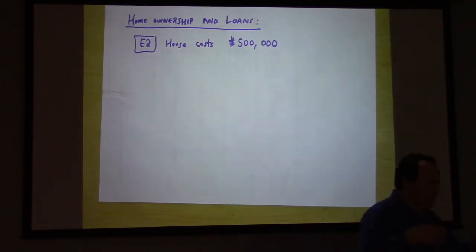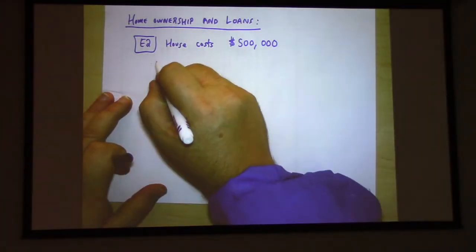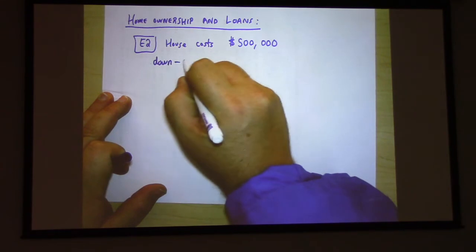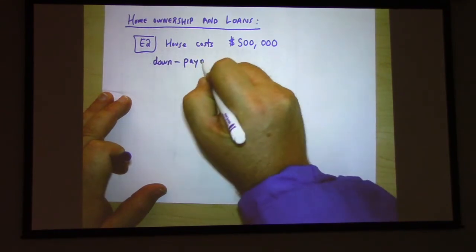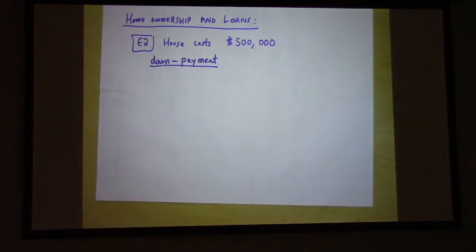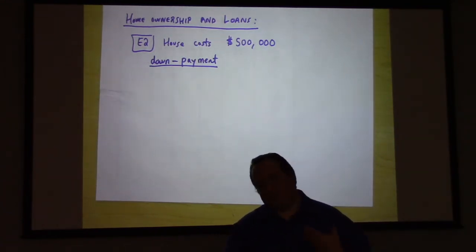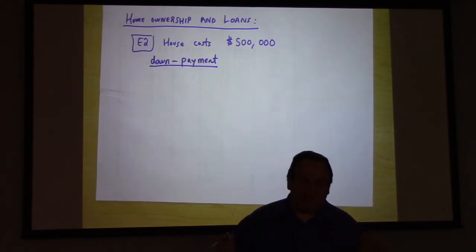So what do I mean by percent down? The down payment is money that you have to pay up front on the loan, on the house. For the sake of discussion, let's suppose you found a bank which allows a down payment of, say, 10%.